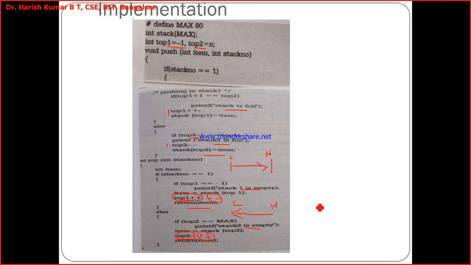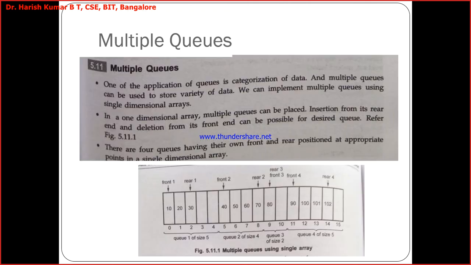Understood now how to implement 2 stacks in one array by using 2 pointers, one growing from right to left, another going from left to right. And the next thing we have is multiple queues. Similarly, you understood multiple stacks now. Similarly, you can also have multiple queues implemented within a single one-dimensional array.